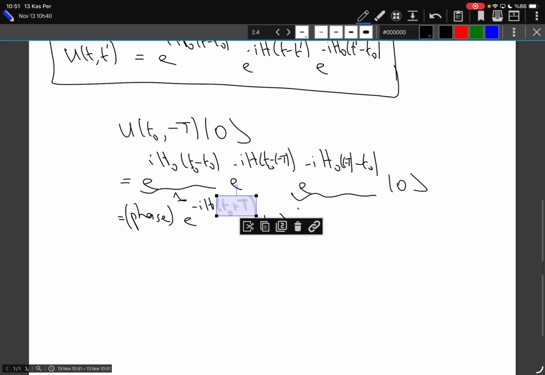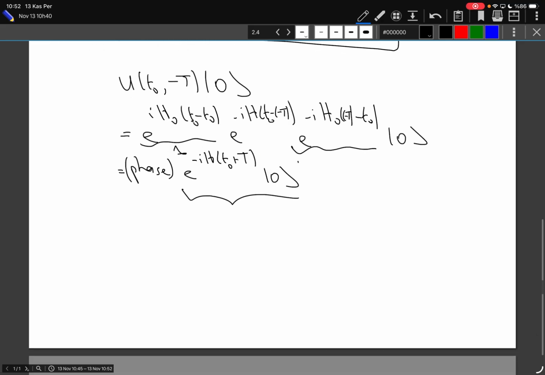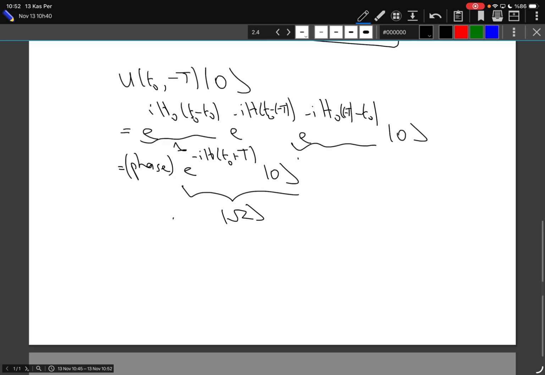Since I started from the ground state of my system at t equal to minus infinity, I made changes adiabatically, so my system always stayed in the ground state of whatever theory I have at that given time.